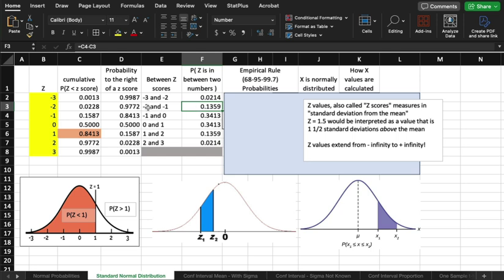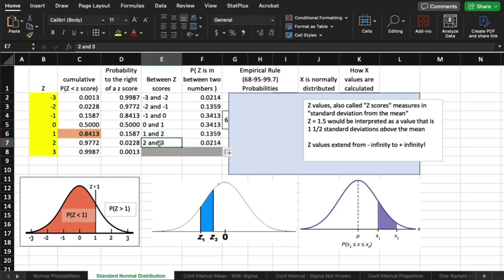However, when we move closer to the middle, let's look at between z equals -2 and z equals -1. That's calculated here in F3. But again, you can just click on that anchor at the lower corner of F2 and fill that down.